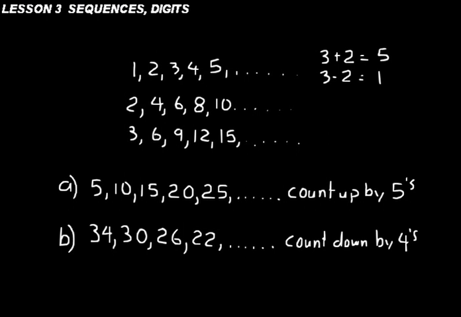Most of the time when we're doing math, we are applying rules to help us solve a problem. In these problems, we're finding rules. We found in A to count up by fives. In B, we found that the rule in that pattern was to count down by fours.